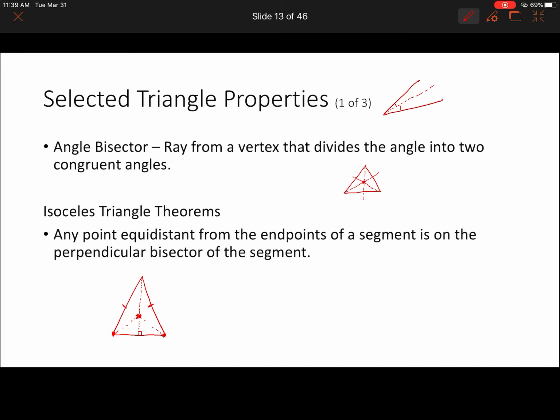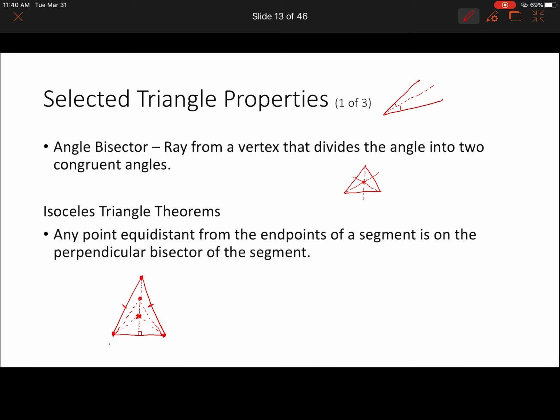And so what it says is that any point that is equidistant from the endpoints of that segment, any point that is equidistant from that, is on that perpendicular bisector. For example, if you were to say, well, what about this point? Yep, that point is equidistant, same distance, to that point. What about here? Yep, that segment and that segment are the same distance.